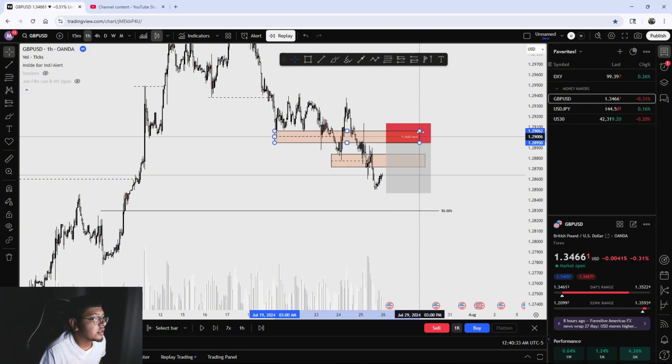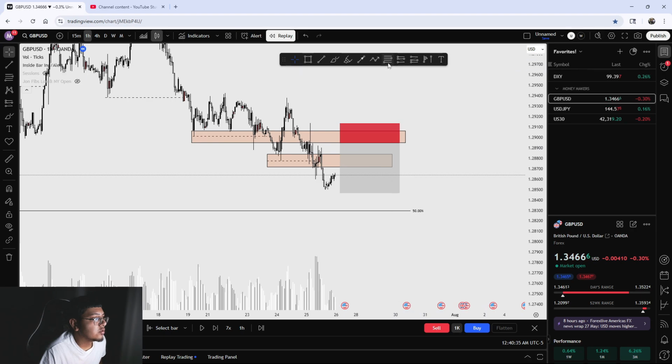So my previous resistance area is within that 50% level, right? It's above, so when we're above, we want to be looking for sales. Like I said, if we're in below, we want to be looking for buys. But since we're bearish, I want to be looking for sales and catch the sales off the zones.